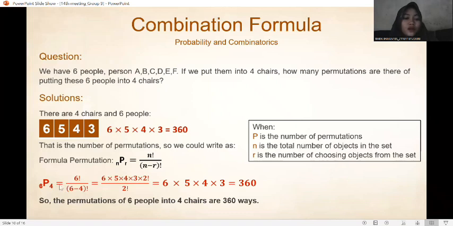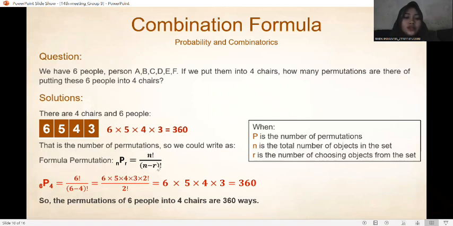So we substitute in the permutation formula: 6 factorial divided by 6 minus 4 factorial equals 6 times 5 times 4 times 3 times 2 factorial divided by 2 factorial. 2 factorial divided by 2 factorial equals 1. So 6 times 5 times 4 times 3 equals 360. So the permutations of 6 people into 4 chairs are 360 ways.